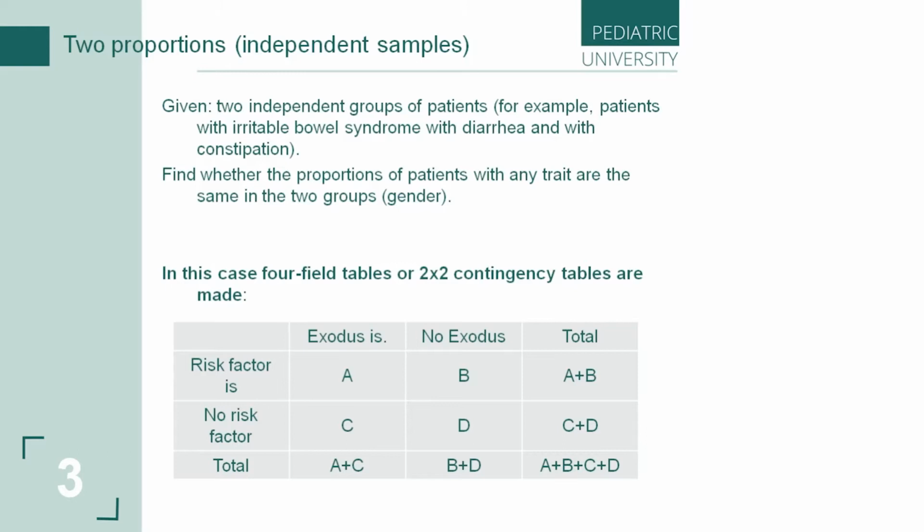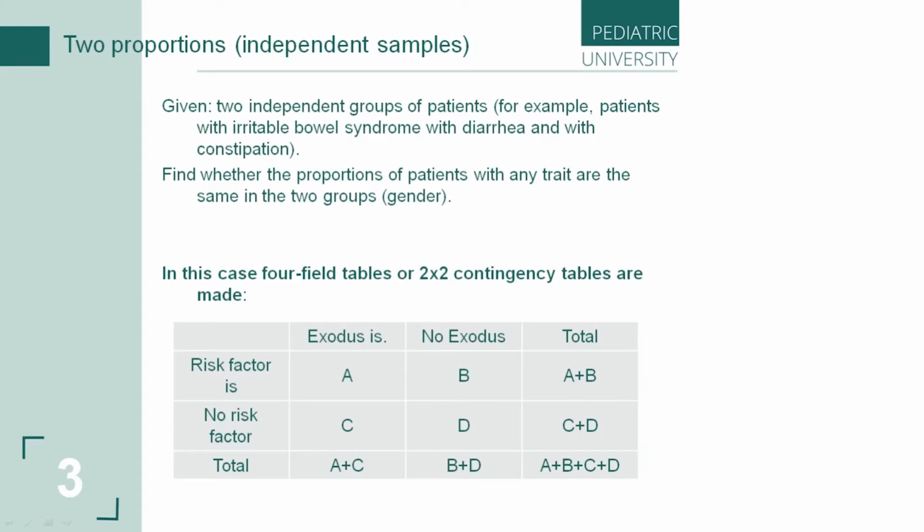This is done by making 4-field tables. Usually, I think you saw the name 2 by 2 contingency tables, or just 2 by 2 tables. This table is for this example.